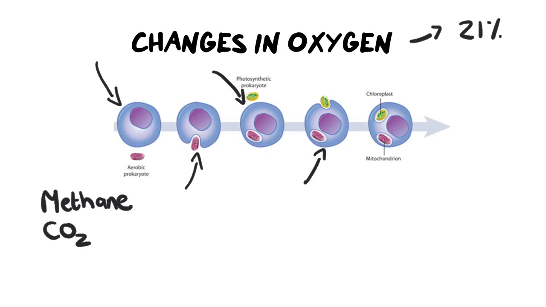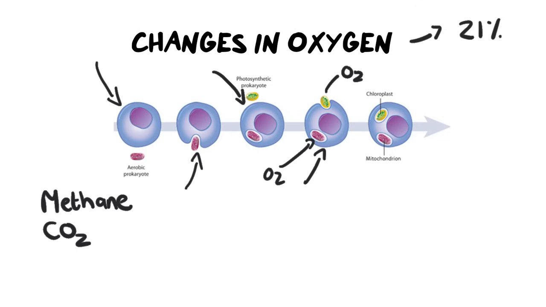And essentially what you have is the photosynthesizing bacteria producing oxygen, and that oxygen can be used by these aerobic prokaryotes or bacteria. So they take in the oxygen, and you have now this symbiotic relationship where the structures inside the cells are producing gases that are necessary for other organisms to use.